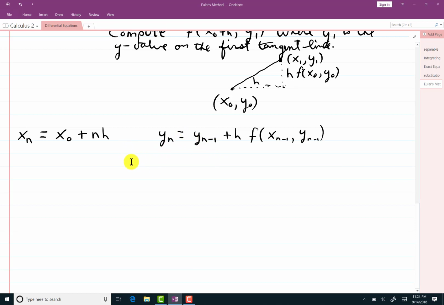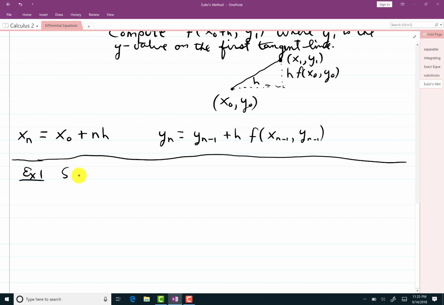So with that in mind, I would like to go through and do the example one that I said and see how close it comes to the actual answer that we happen to know. So let's come back. Solve is not the right phrase.